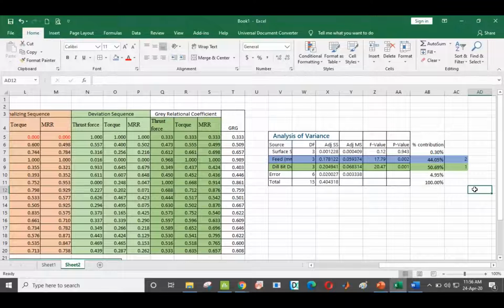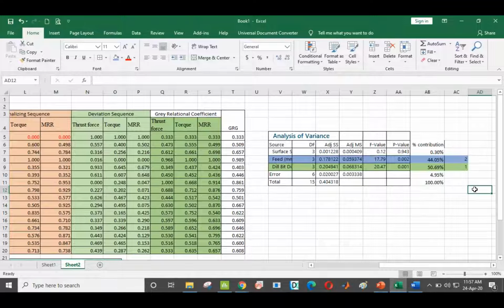So this is the hybrid approach of merging both the advantages of Taguchi's technique and the multivariable analysis or multivariable optimization of grey relational analysis. So put together, the efficiency of this analysis is well improved.